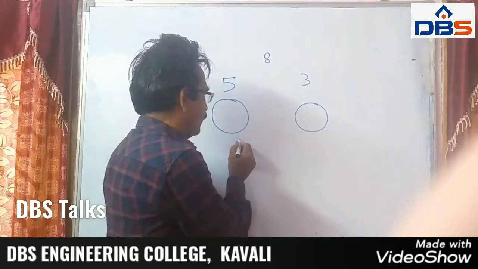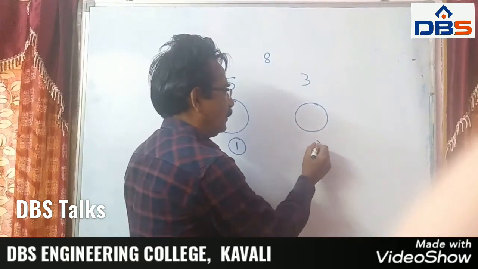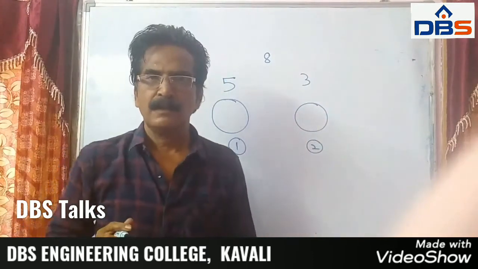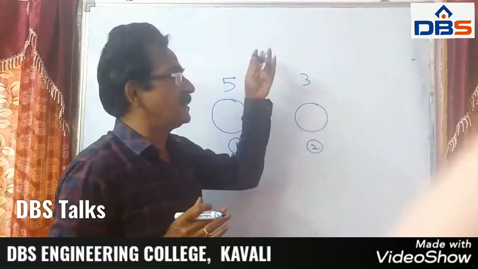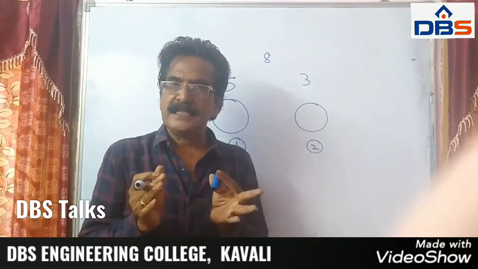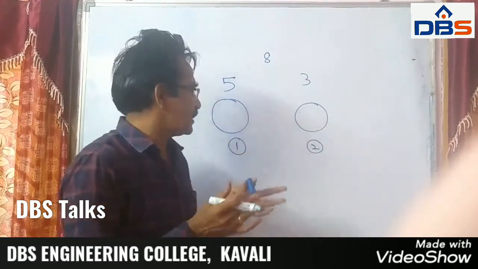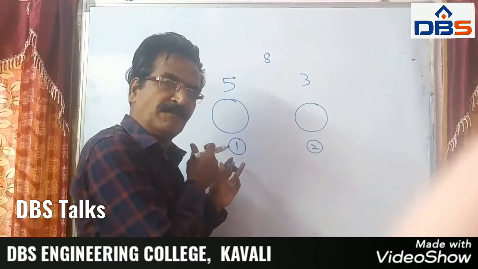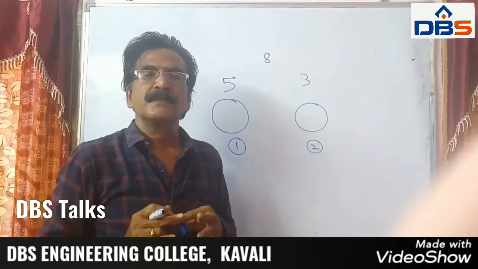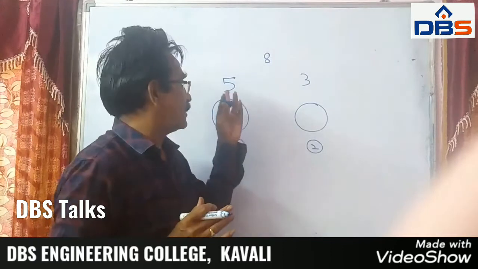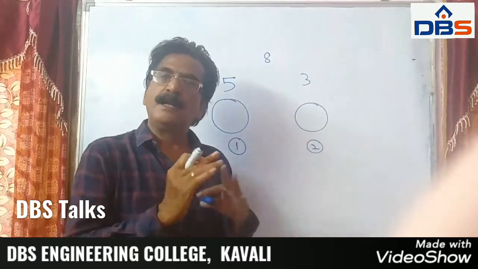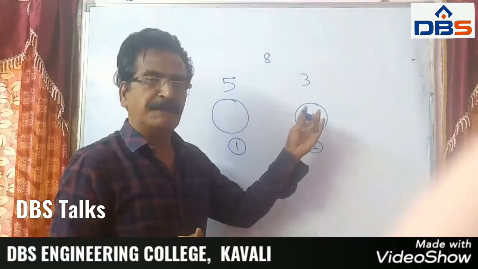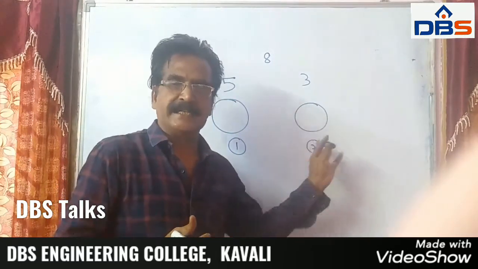Say this is table 1, say this is table 2. First we have to select 5 persons from these 8 persons, that is, which 5 persons are to be seated around the first table. And the remaining 3 people will be seated around the second table.